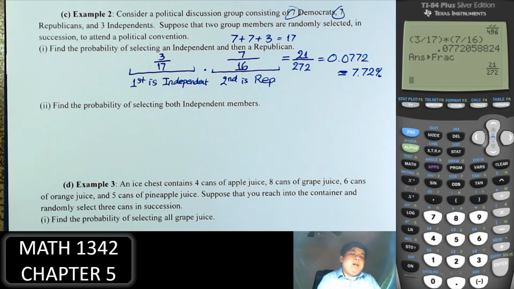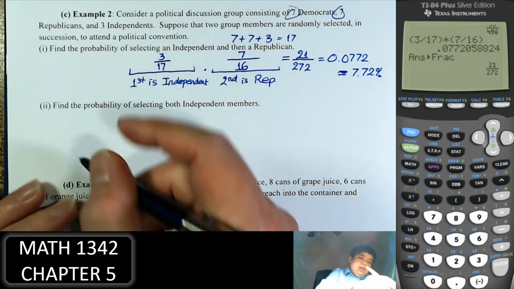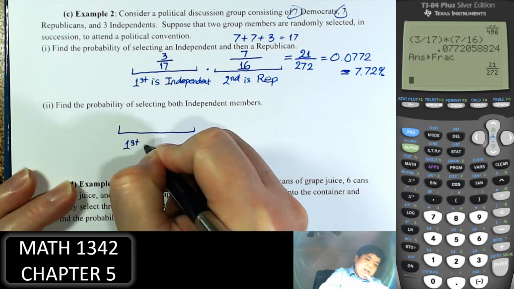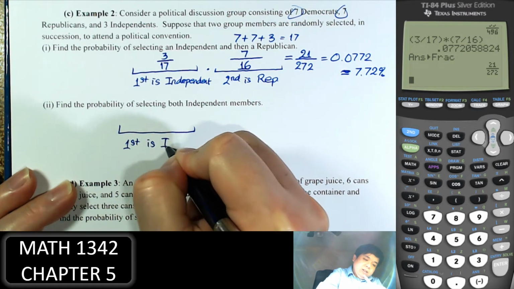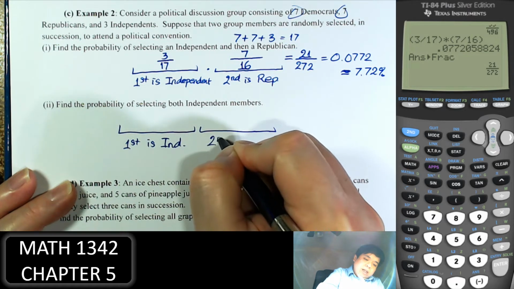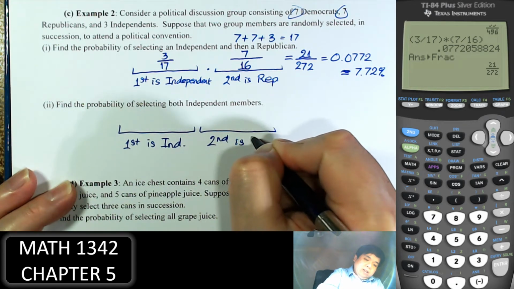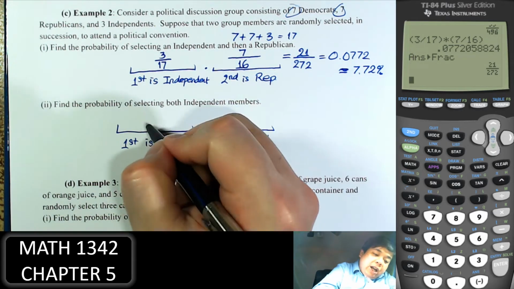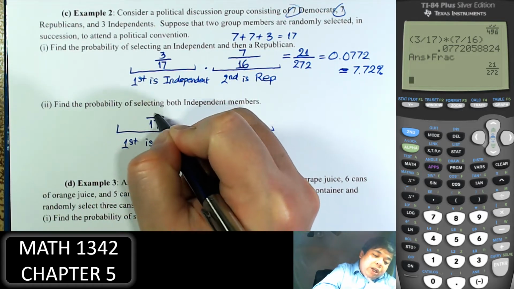Find the probability of selecting both independent. So if the first one is independent, and the second one is also independent. So the first one is independent. Again, there's 17 of them, and 3 independent.